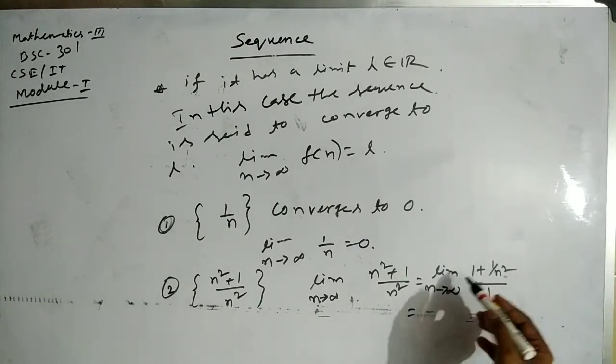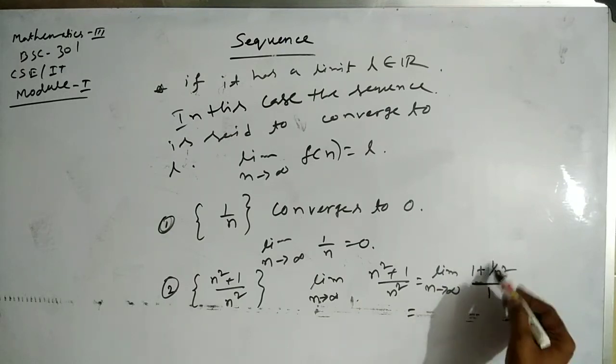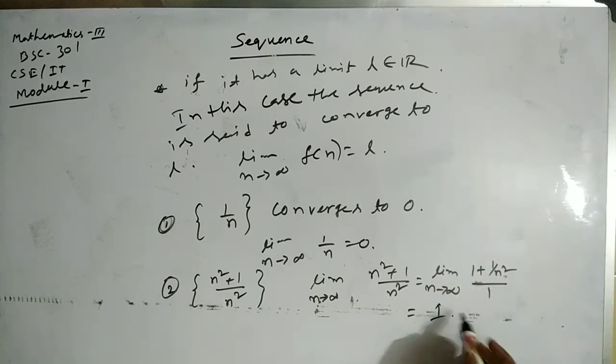If we calculate this, the 1 by n square part will be 0, so the result will be 1. So this sequence has a finite limit 1, so this sequence is a convergent sequence and converges to 1. Okay, so the next example.